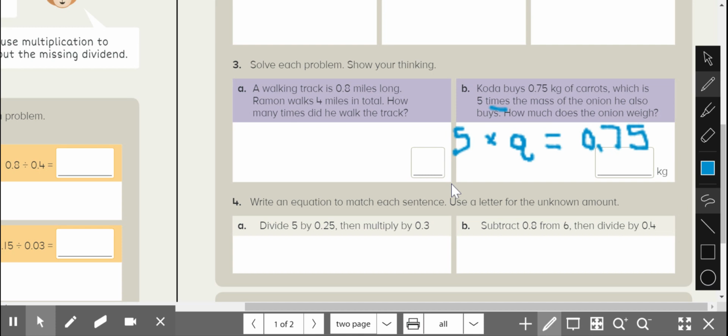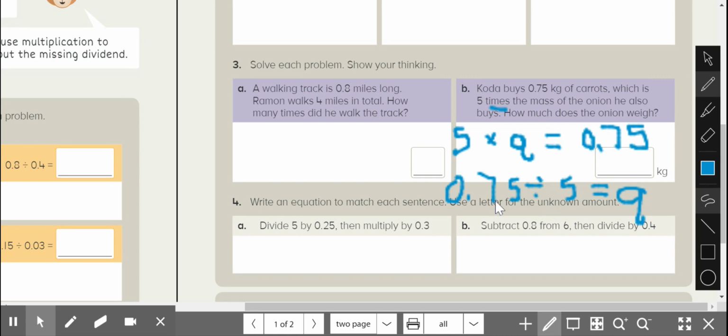So my division problem will look like this: 0.75 kilograms divided by 5 equals, I'm going to go with q again, right there. So that's my division problem as it stands right now.